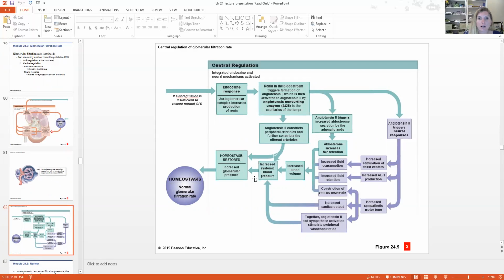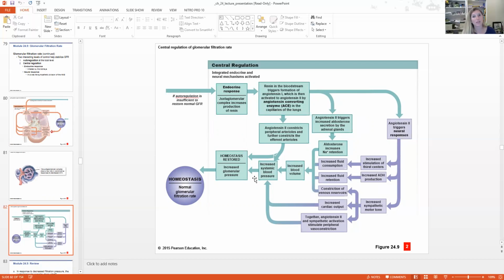Let's look at the same thing, but we're going to look at the central nervous system regulation. Our endocrine response here: when we have some type of change in our GFR, our JG apparatus is going to release renin. Renin is going to trigger the renin-angiotensin-aldosterone system.